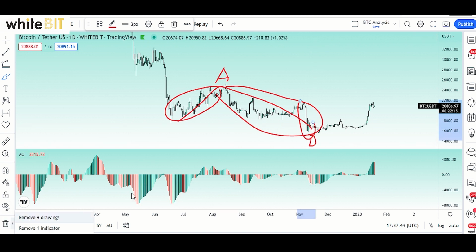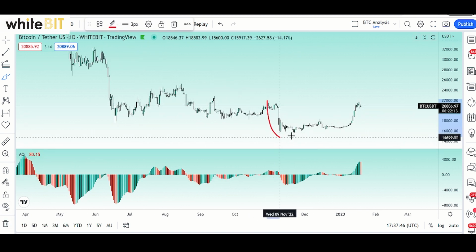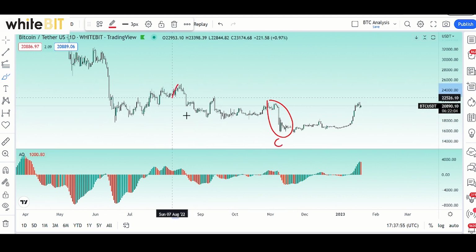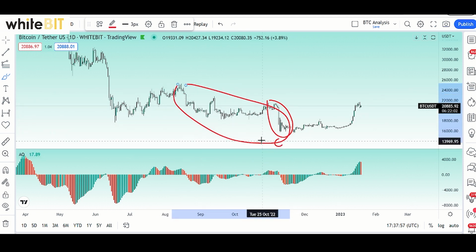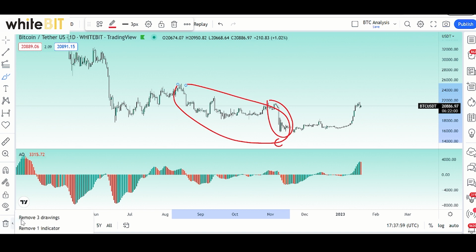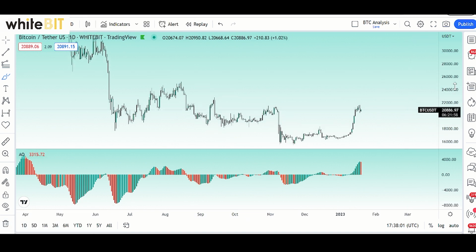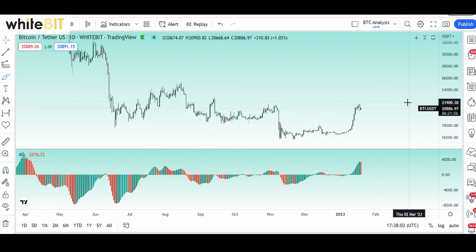Let's remove it again. This was the impulse, and I told you multiple times. Now I understood that it was just wave C inside this wave B of higher degree. And now we have the last wave to the upside in this wave 4.